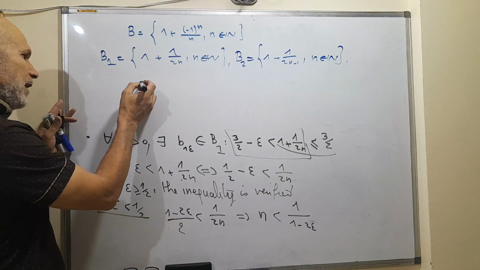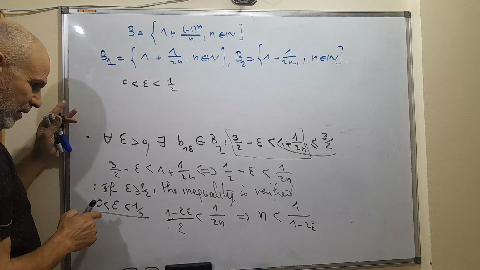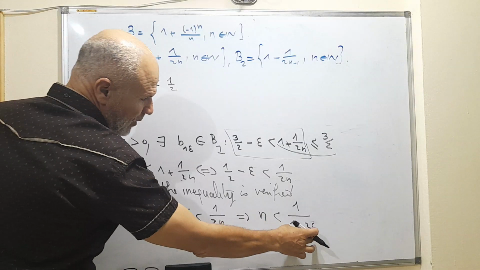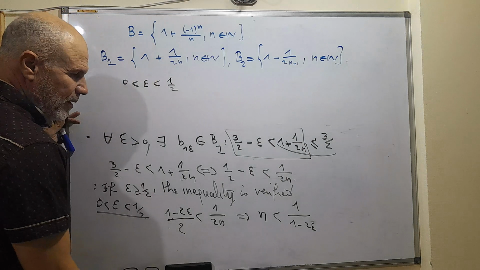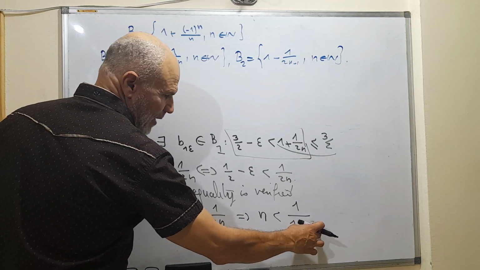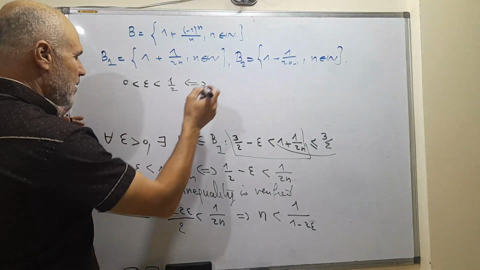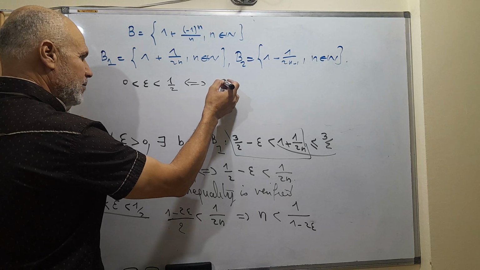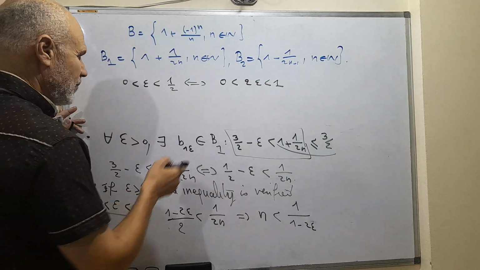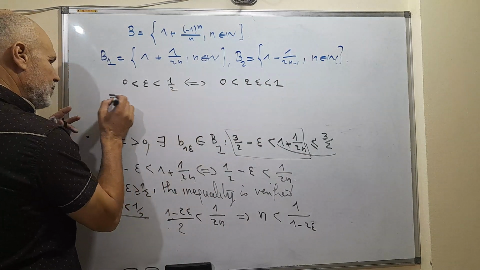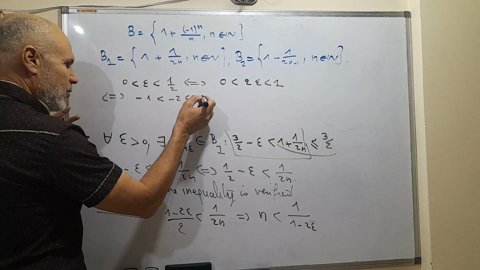Epsilon is between 0 and 1/2. We try to find bounds for this quantity. So 0 is less than 2 epsilon less than 1, and minus 1 is less than minus 2 epsilon less than 0.